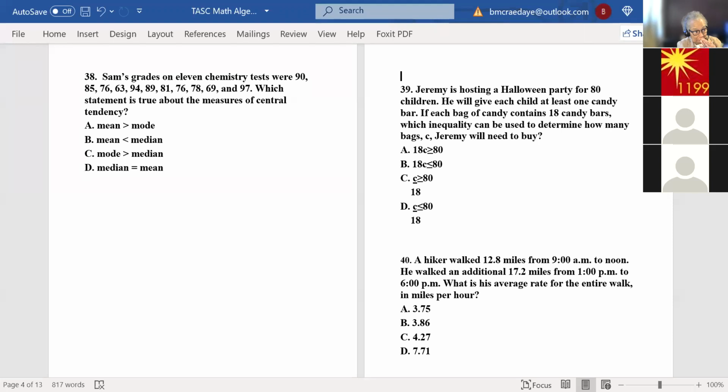Okay. This is the mean, median, right? And this is 4.5. Okay.